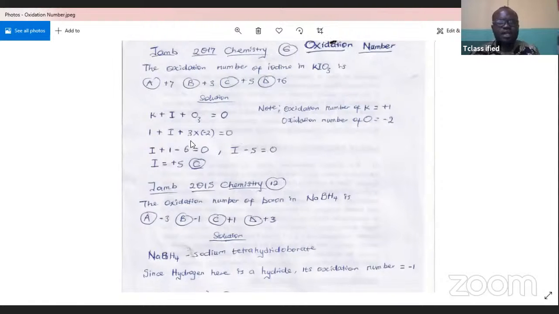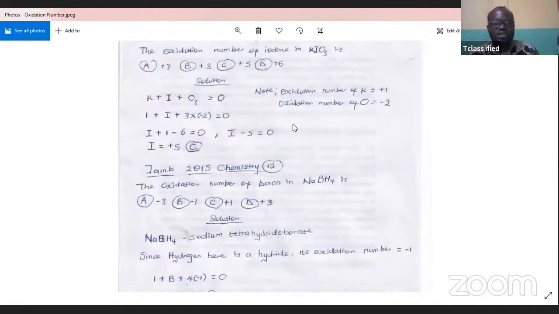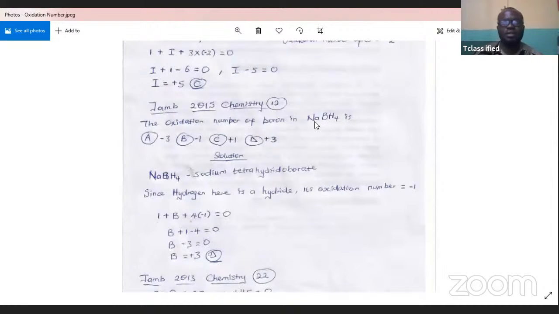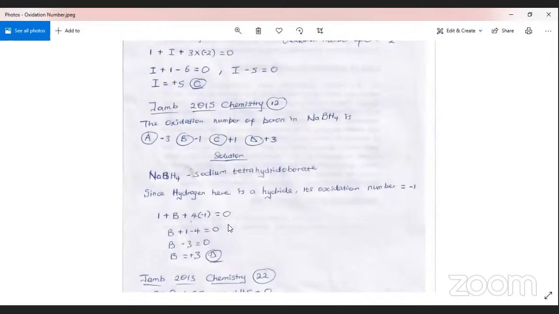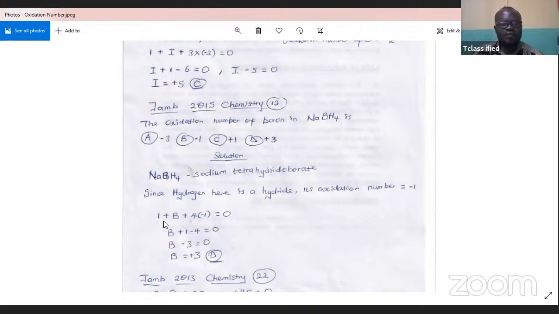So we have here the oxidation number of boron in sodium borohydride. You have this sodium, this boron, and these 4 atoms of hydrogen. So what is the oxidation number of boron in this? Okay, so we have sodium. What is the oxidation number of sodium?